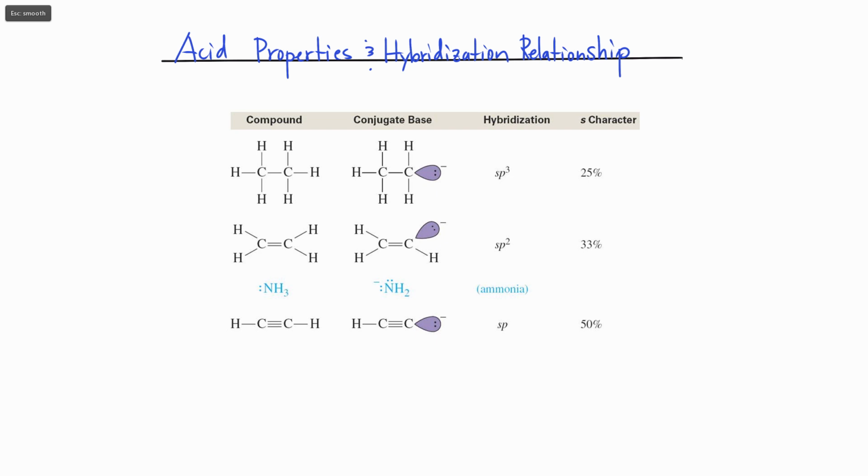Okay, so the more S character that a carbon attached to, the more S character that the carbon that's attached to a hydrogen has, the more acidic it's going to be. That's one way to phrase it.